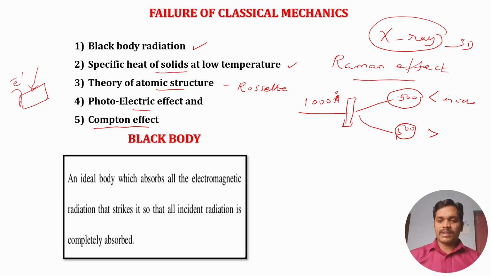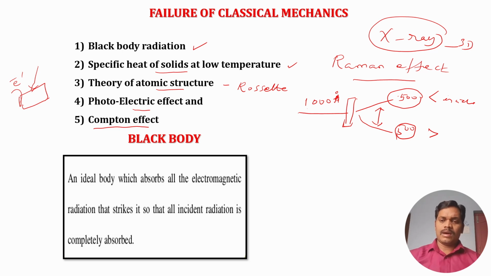If you want to understand in detail, when the electromagnetic radiation or X-ray is incident on the substance, it consists of some additional frequencies. In the additional frequencies, some components are lesser than incident, some are greater than incident. So this is the Raman effect. Of course, the difference between these two we call the Raman shift.